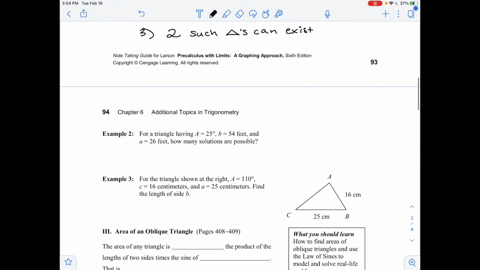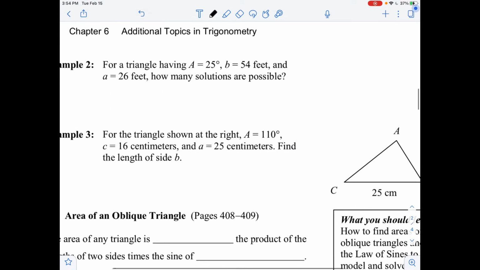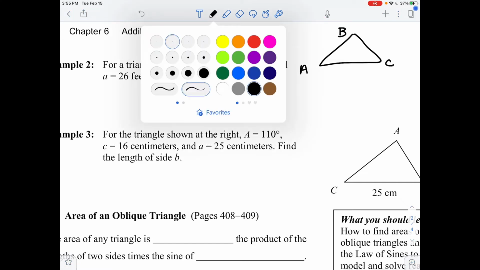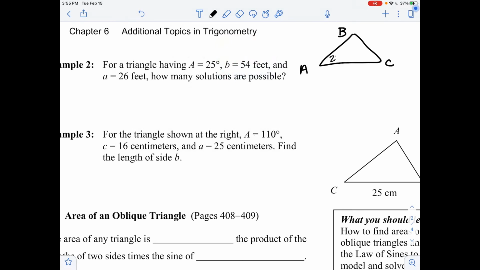So, for example, if you've got a triangle, we'll just label it A, B, and C because we need to be able to label it. And it says angle A is 25 degrees, side B is 54 feet, and side A is 26 feet. How many solutions are possible?